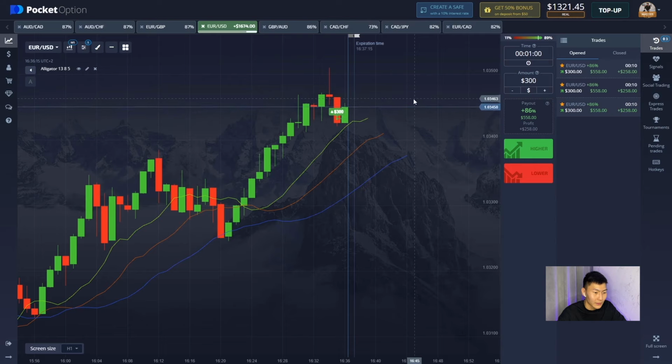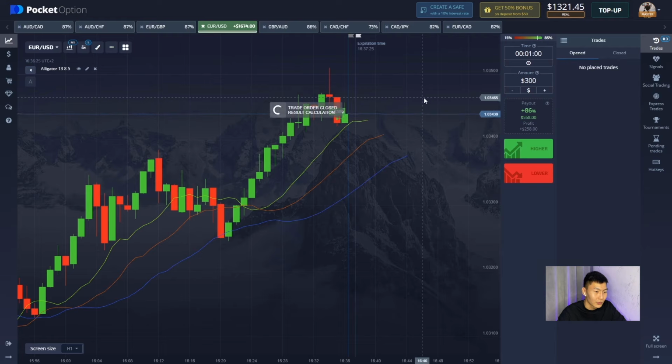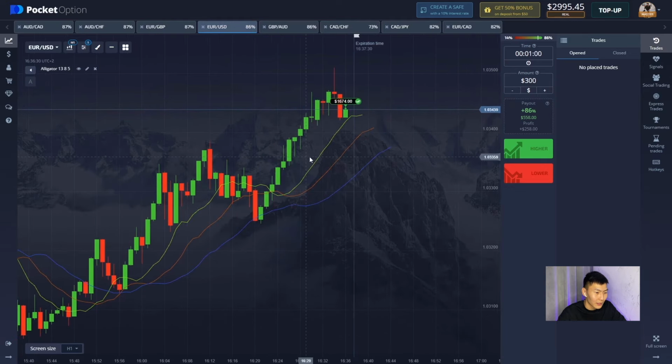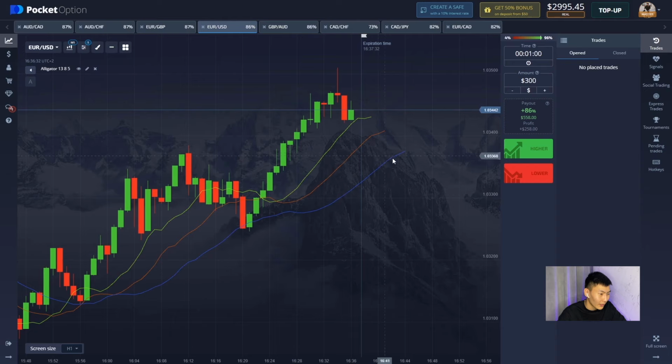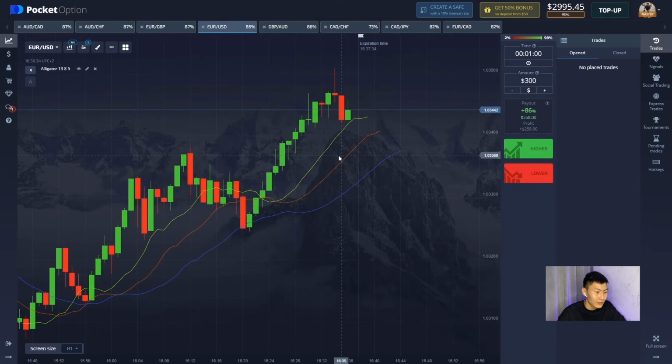The low point has been updated exactly at that point. You can see here and here, and from this point the movement should bounce to the upside. So the price did the rebound to the upside, and we got almost $3,000 on our balance. And let's find another currency pair.